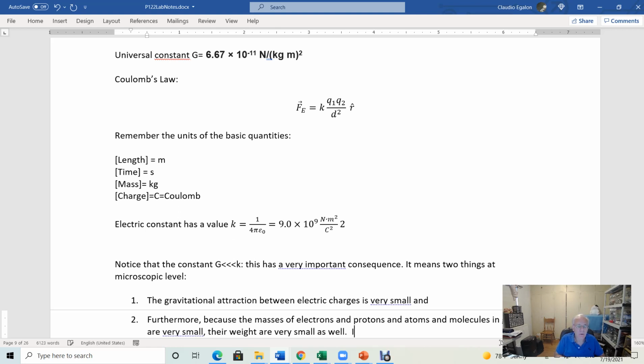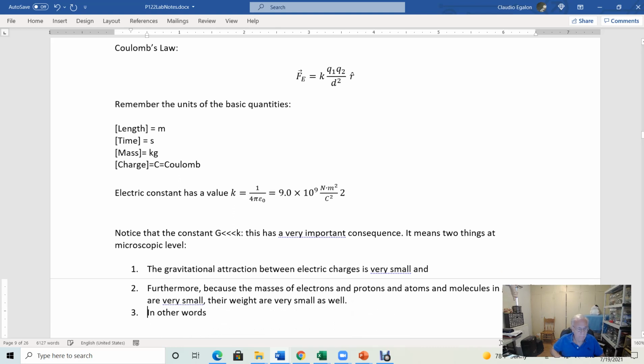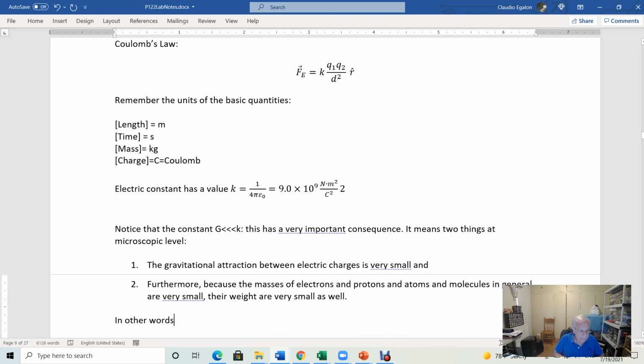In other words, at the microscopic level, the electric force rules supreme.